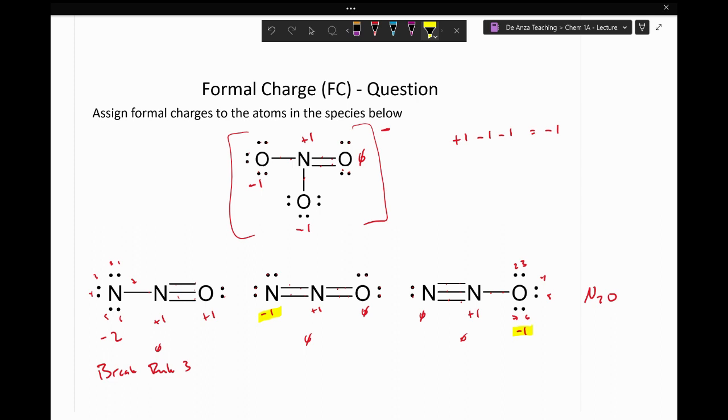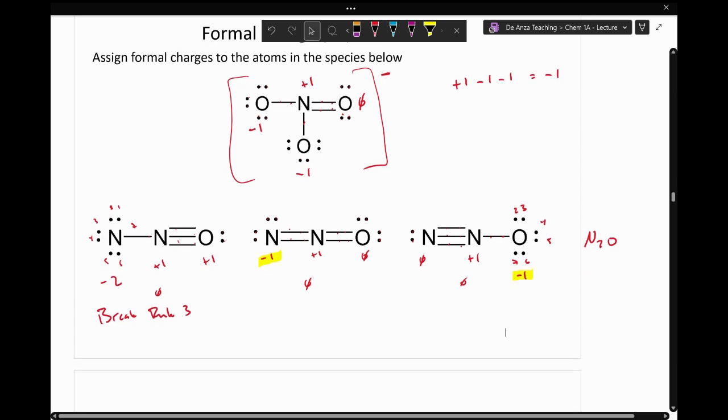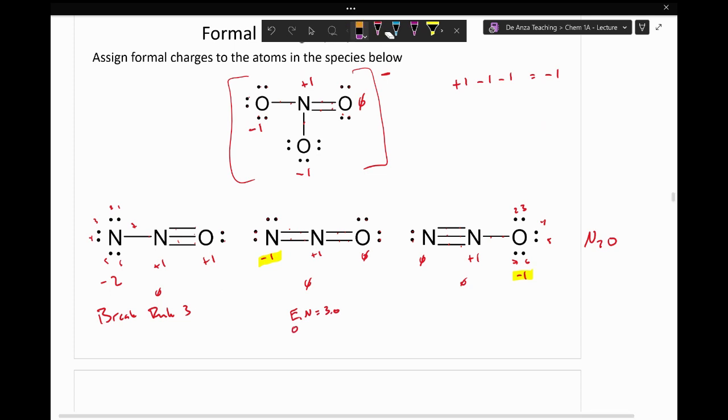And so when we think about our fourth rule when looking at formal charge, we said that we like to put negative charge on the most electronegative atom or atoms. And in this case, when we look at the electronegativity of nitrogen, the EN of nitrogen is 3.0, and that of oxygen is going to be 3.5.